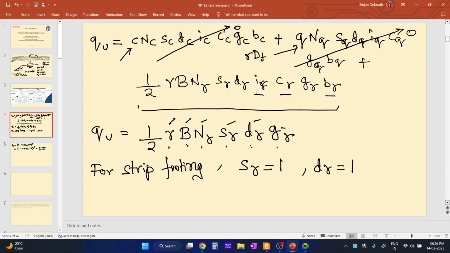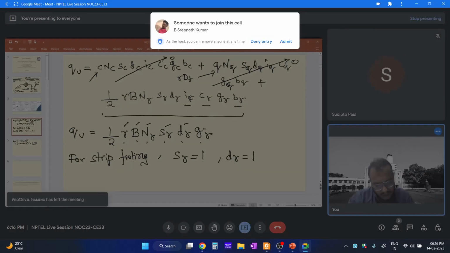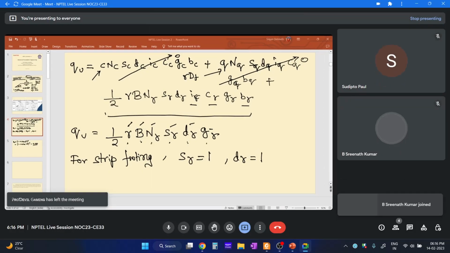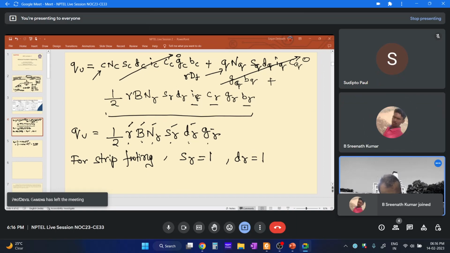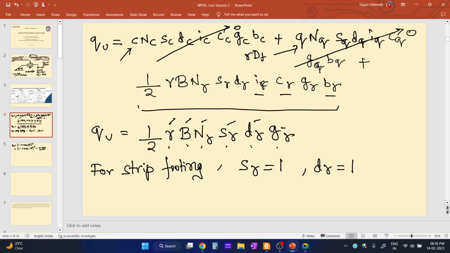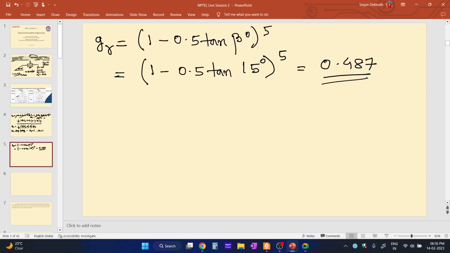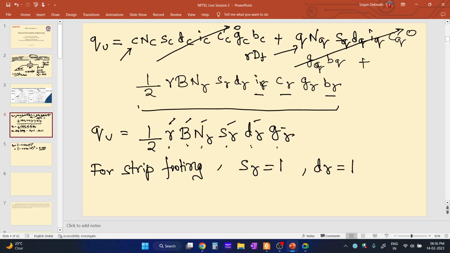So now if we put all the values of all these parameters into this equation, that is equation number 1, we will get the ultimate bearing capacity.